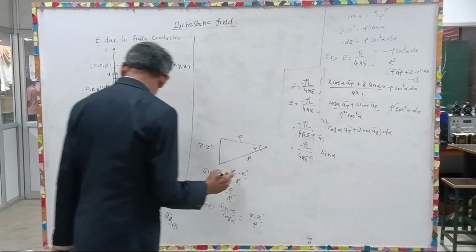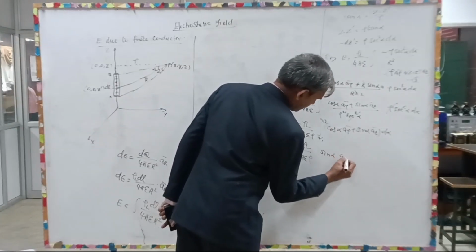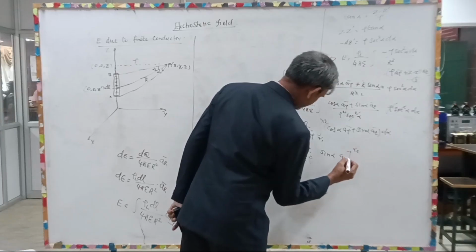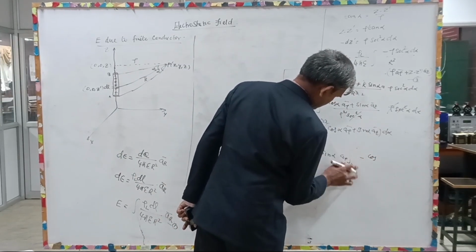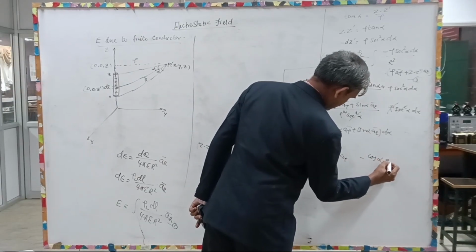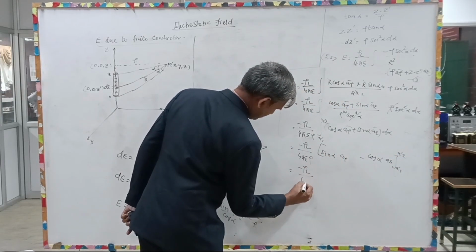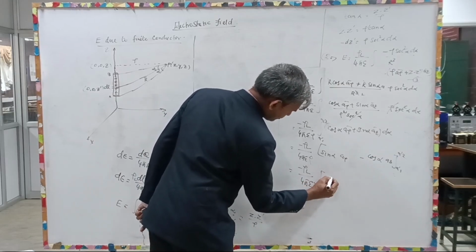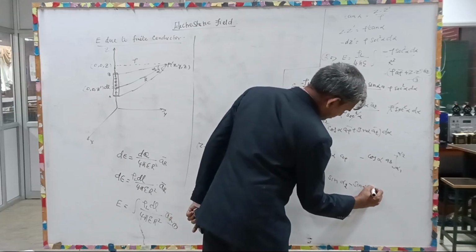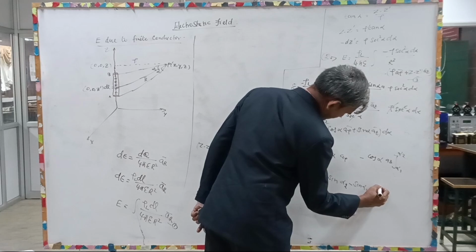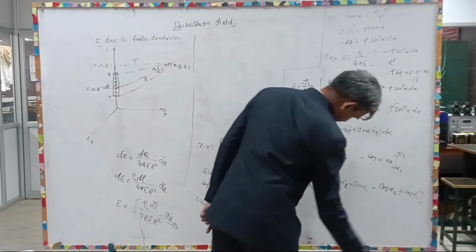Sin alpha a_rho from alpha 1 to alpha 2, plus minus cos alpha a_z. So E is minus rho L divided by 4 pi epsilon into rho, sin alpha 2 minus sin alpha 1 a_rho, minus cos alpha 2 plus cos alpha 1 a_z.